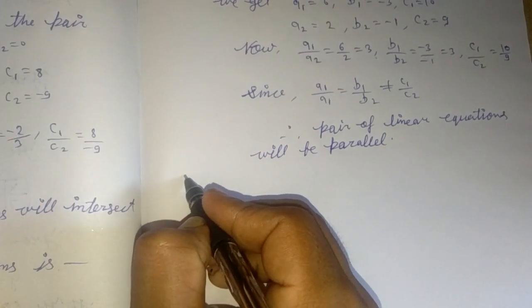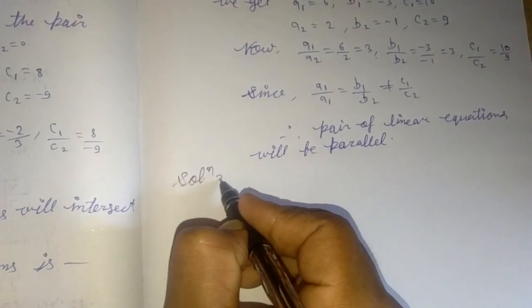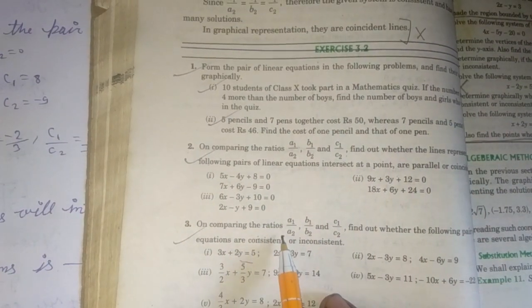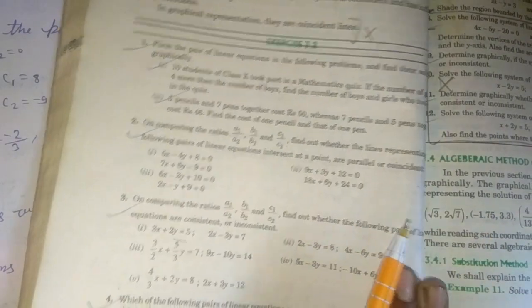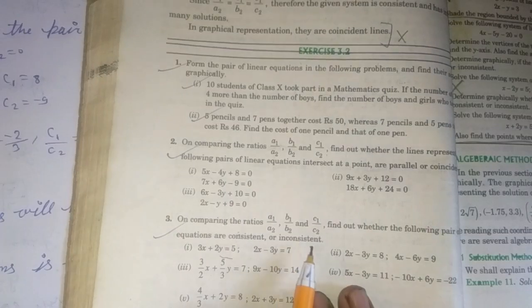Okay, our third question is, look, the third question, solution of the third question. Now look, on comparing the ratios, find out whether the following pair of linear equations are consistent or inconsistent.